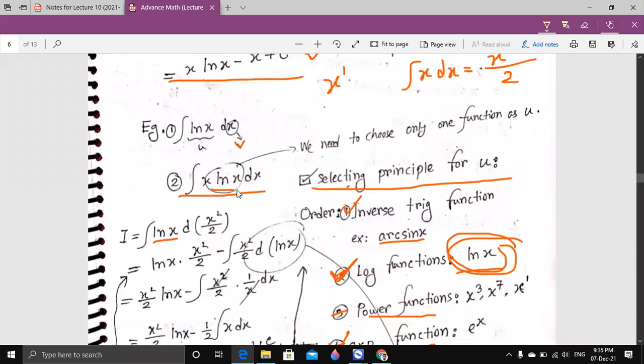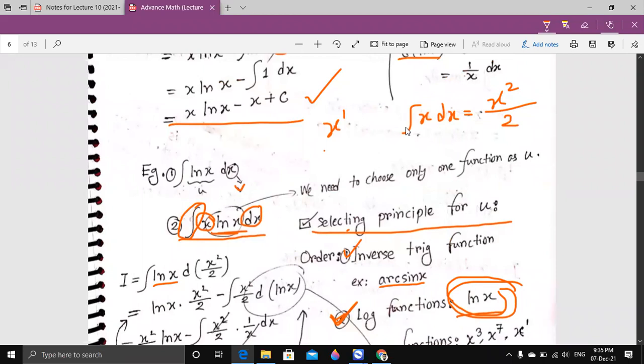So we have a log function here, so ln x is equal to u, and then we have x dx, and here is the integral sign. So integration of x dx, from the formula, will be x square by 2, okay?